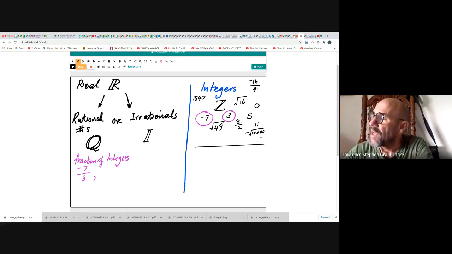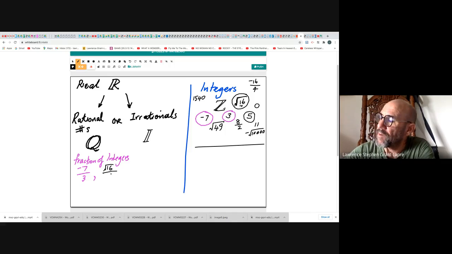Okay, now, of course, 16 under this square root sign, because 16 is a square number, it works. So that's the number 4. So I'll take square root of 16 and put that on top, and then I'll take 5 and put that underneath. Any two integers.